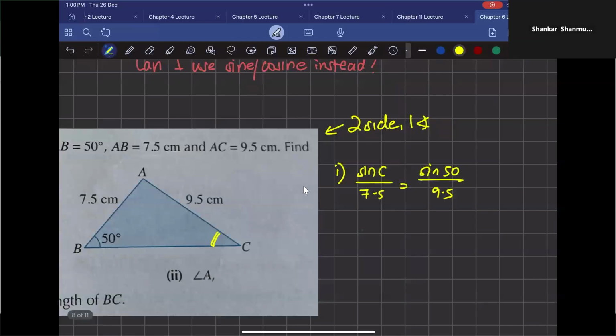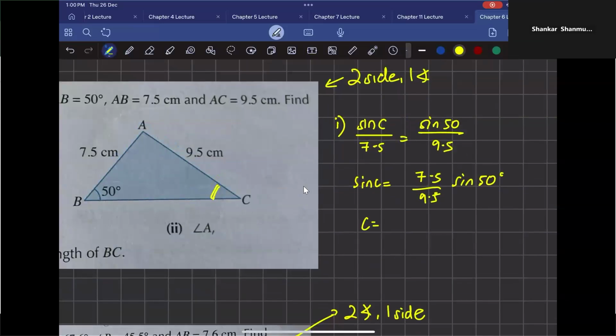So your sine C equals to, okay. So if you plug it in the calculator, you should get 37.2 degrees.